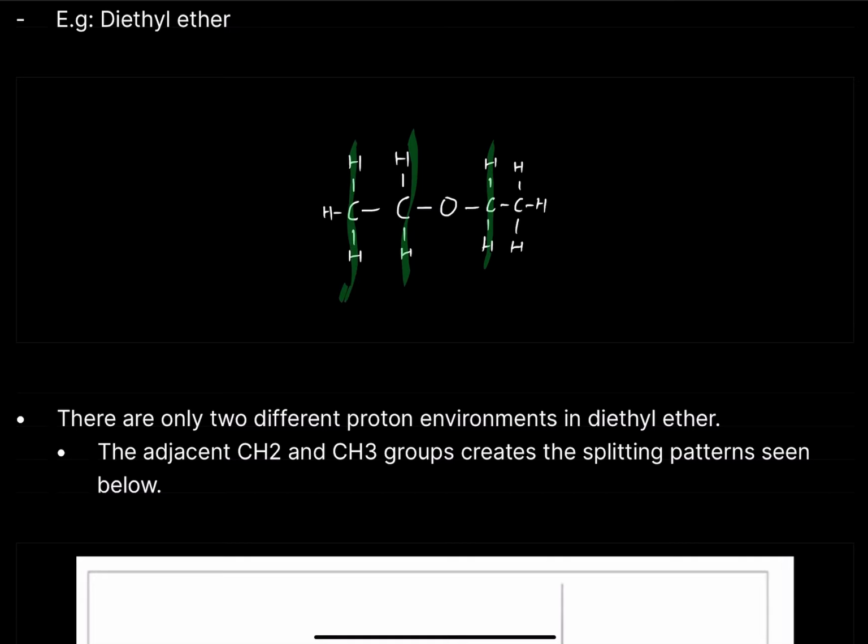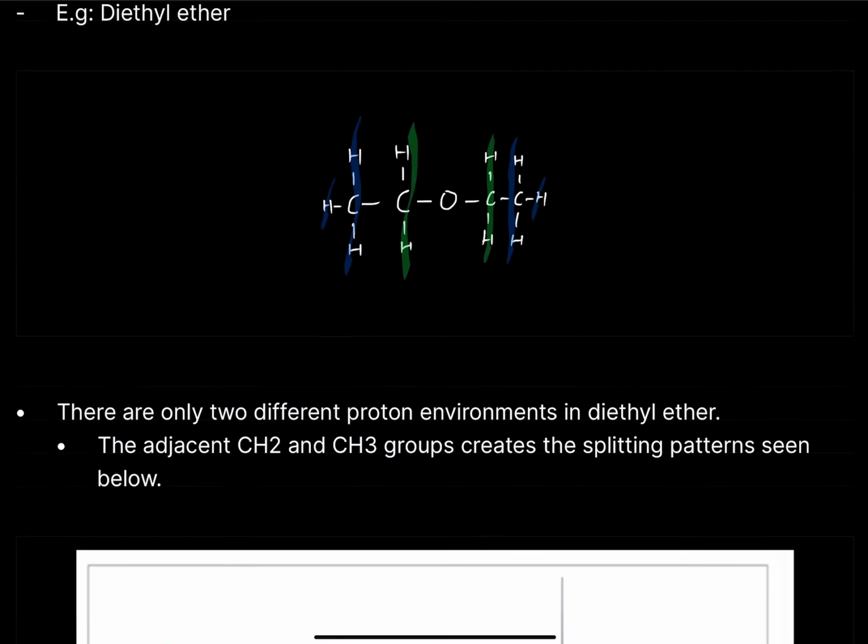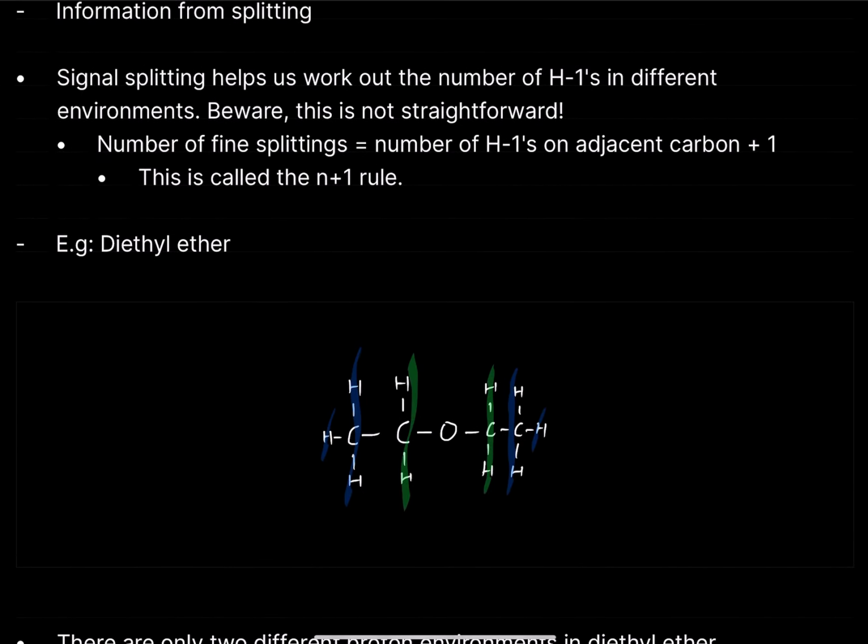I'll use a different color for that one. Those two are in the exact same environment, but this is in a different environment. So what would I expect? I would expect to see a triplet and a quartet.